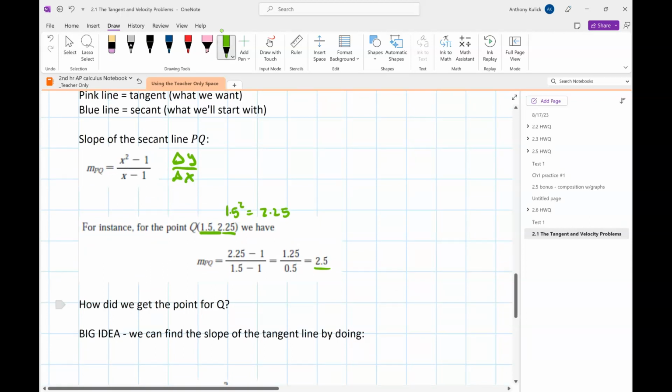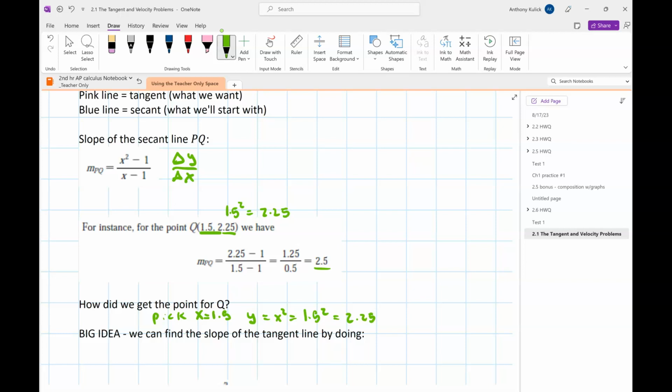How did I get the point for Q? You got it, right? We picked an x. And then if y is x squared, that'd be 1.5 squared. That's 2.25. Now it's just an arbitrary point.